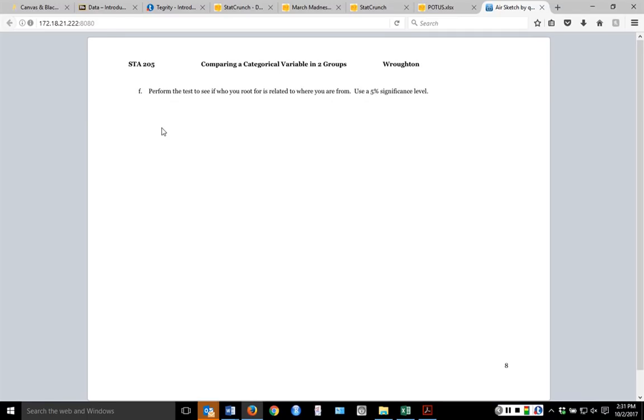Alright, so our first step when doing a hypothesis test, of course, is the hypotheses. Again, the alternative is generally easier to do first. So our response variable is who you root for, and our alternative is always that they're dependent. Our explanatory variable here is where you're from. And then the null is the same idea with the word independent.